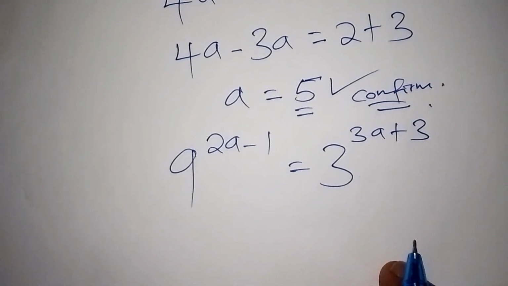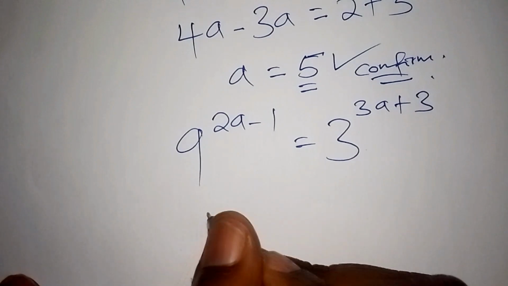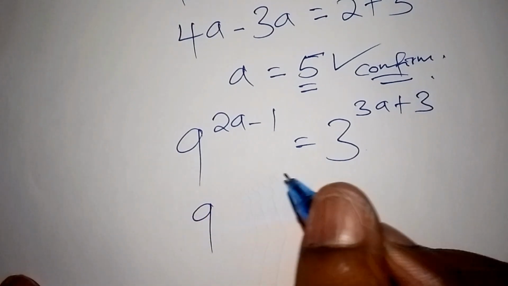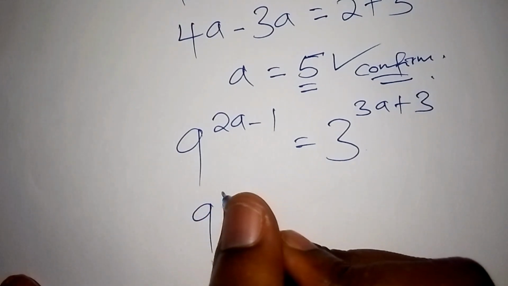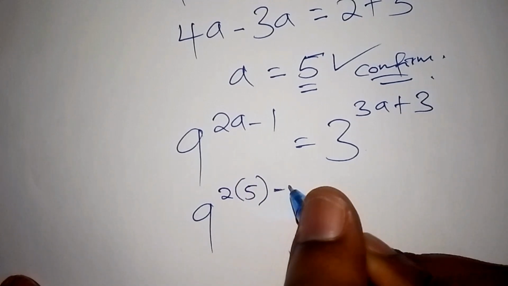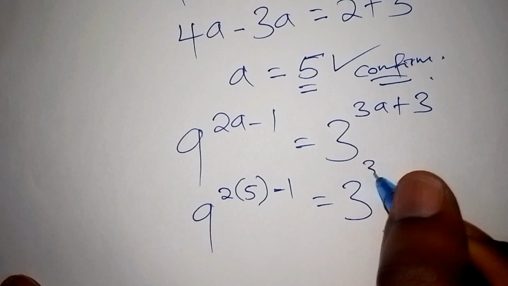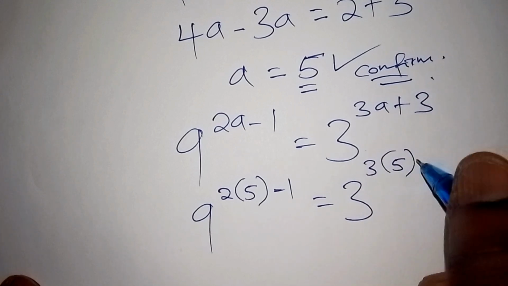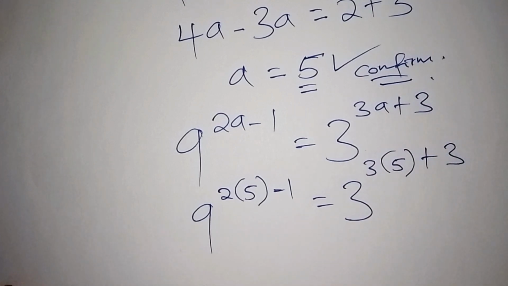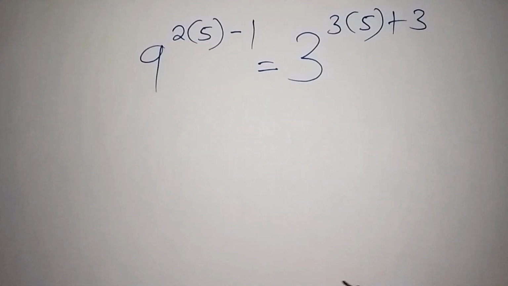So we shall have 9 to the power of 2 into bracket 5 minus 1 is equal to 3 to the power of 3 into bracket 5 plus 3.